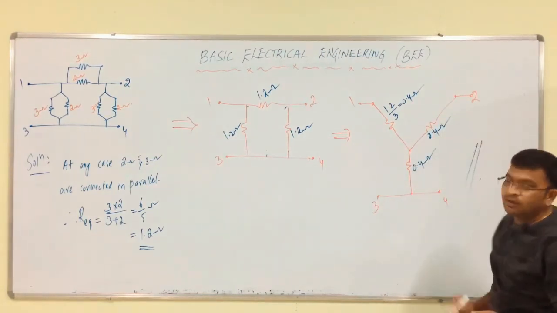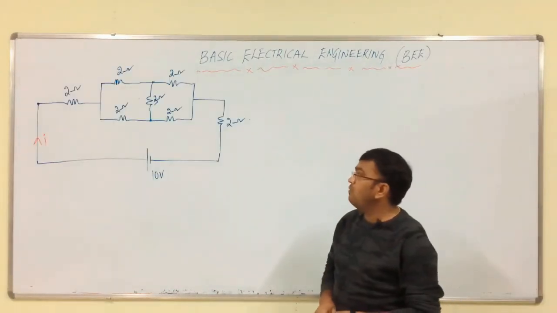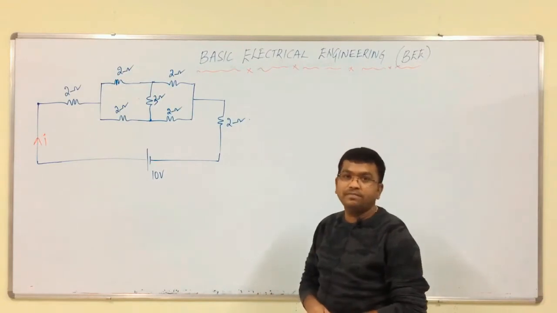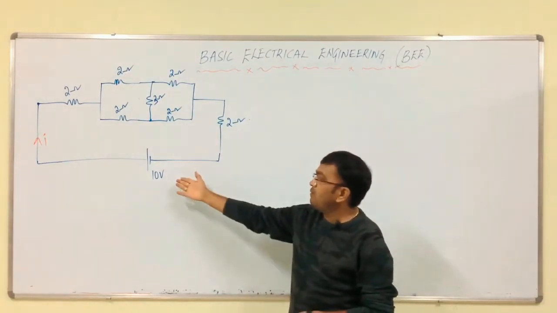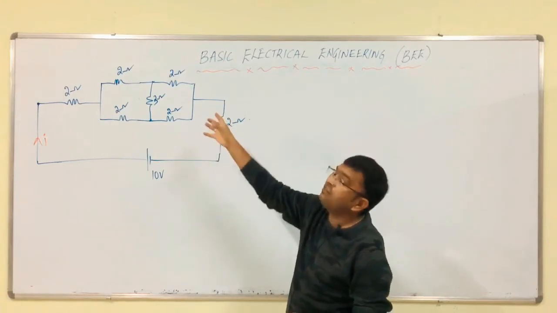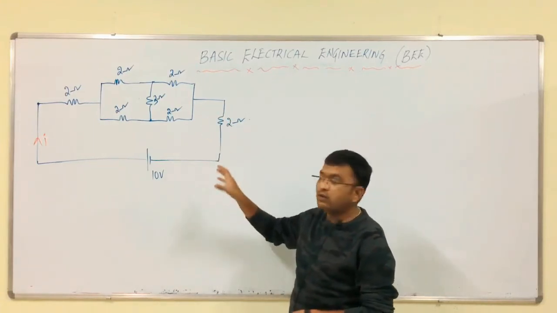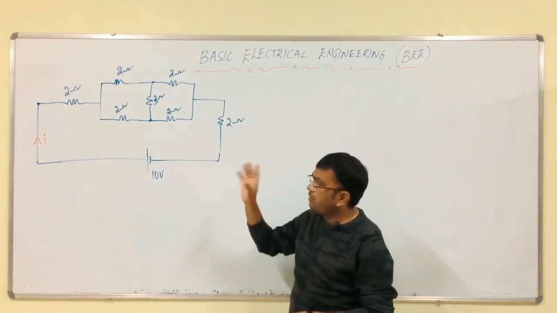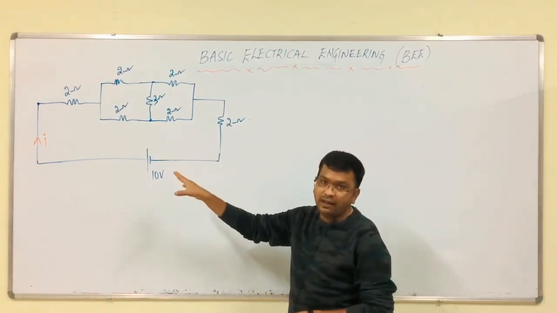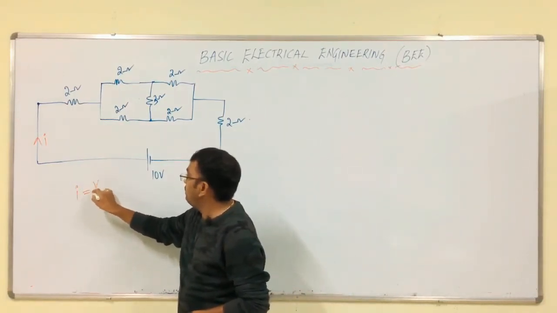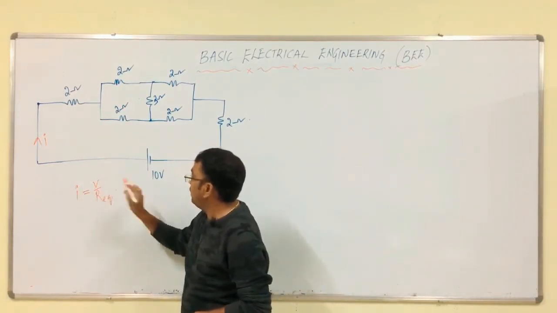This is the problem. Now we have to calculate the current in the circuit. So, this is the given circuit, a 10 volt supply voltage and the resistances which are connected in different manner. Then we have to reduce that circuit into an equivalent one, and finally calculate the current I. Simple, we know that the current is nothing but V by R equivalent.